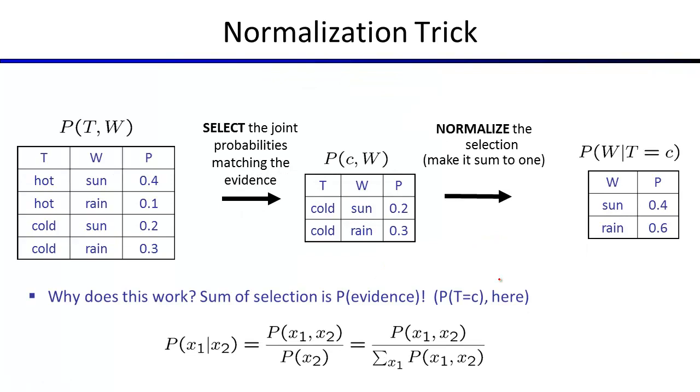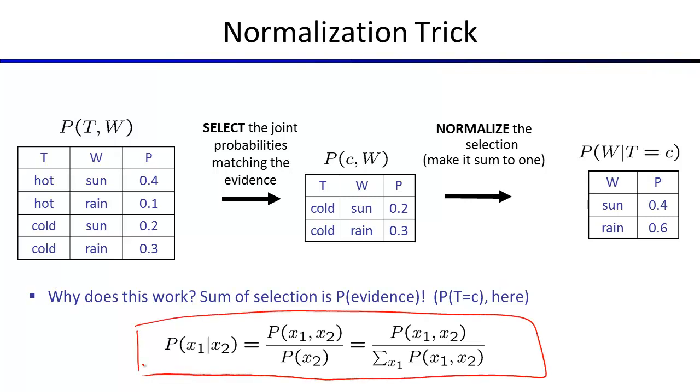Okay, this always works. Here's the mathematical derivation of why this works. If you want to compute the conditional of x1 given x2, by definition, it's this expression over here. And then the probability of the event of taking on value small x2 is the sum over all possible instantiations for x1 of the probability of x1 and x2.